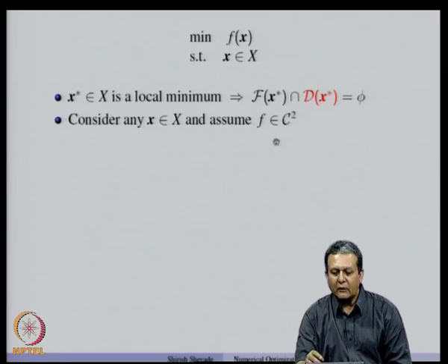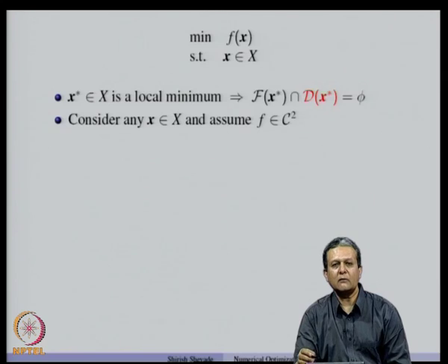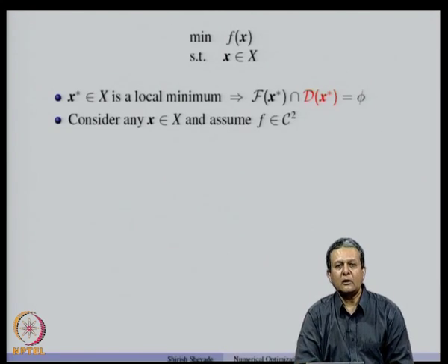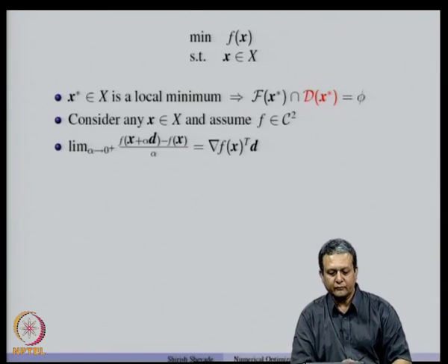In fact, for our current analysis, we do not need f to be in the class of C2 functions. We just need f to belong to C1, that is the class of continuously differentiable functions. But later on, when we move on to the second order condition, we will need this condition. So, I have assumed that f is in the class of twice continuously differentiable functions.